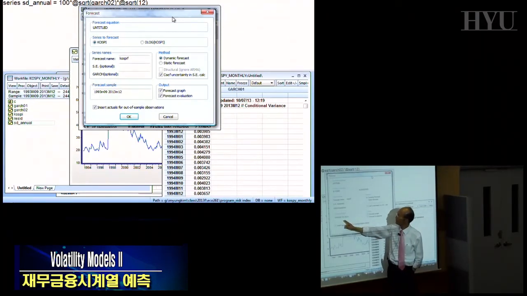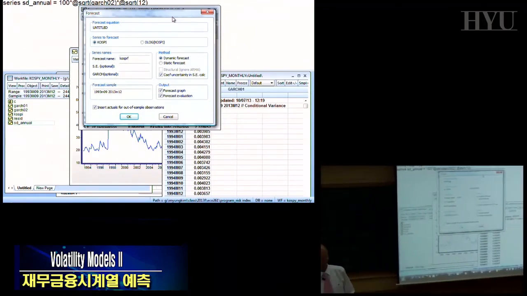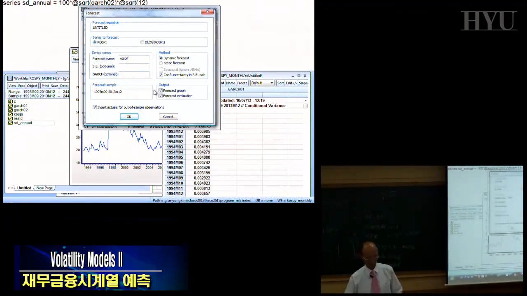And then you can also save the forecast. So let's give ARCH F02.